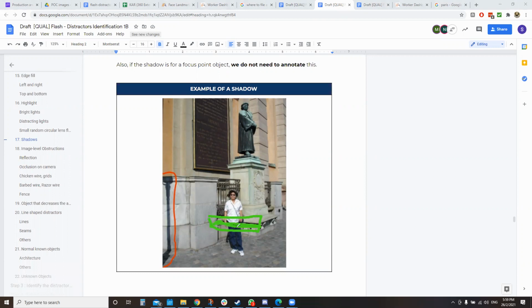The woman as the distractor will have one annotation like this, and then another annotation like this, and then her shadow, which is the distraction, you will annotate as shadow distractor, whatever the shape is, and then you will relate this to any of the parts. I think any one will be fine. I think the client won't be that particular about which side we relate to.